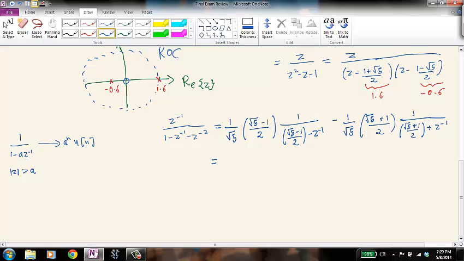And now you see we have things of the form 1 over something minus z inverse, right? So we can just look up our table of transforms. But let me do one more step and rewrite this.